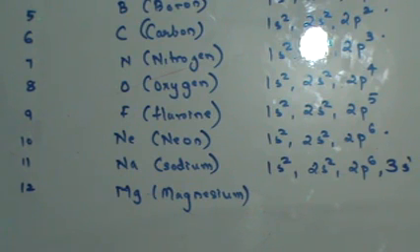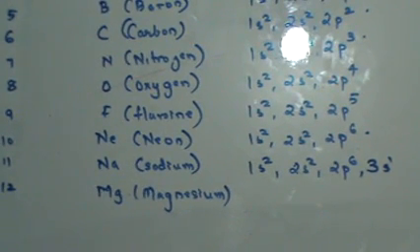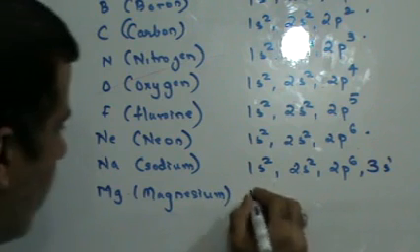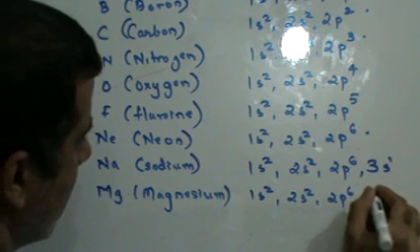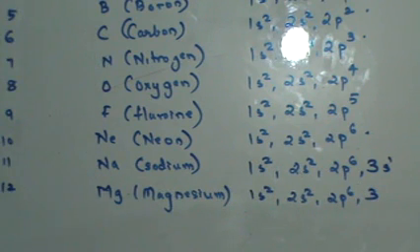Magnesium. Done. Everyone's done magnesium. 1s2, 2s2, 2p6. Now, the third orbit can take a maximum of 2 electrons. Both the electrons will go in the s orbital. So this will be 1s2, 2s2, 2p6, 3s2.